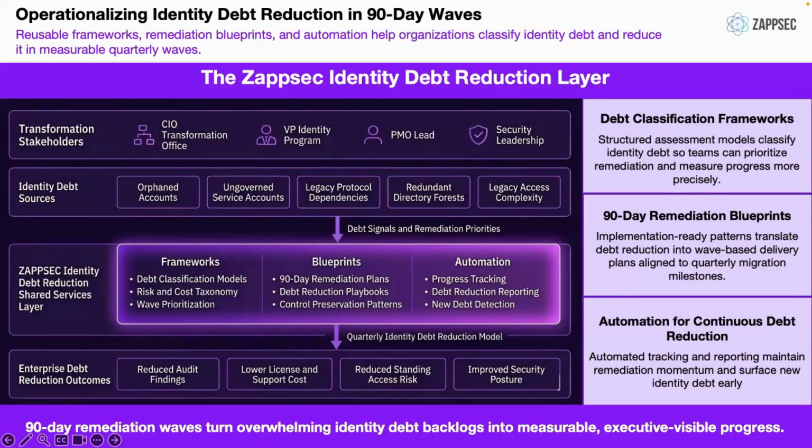So if your organization is waiting for one large program to solve this, the debt is actually growing while you wait. That was a great way to break it down. The takeaway here is to classify the debt, sequence the waves, and then show the results. Yeah, I like it. So they're bite-sized chunks, definitely more achievable.